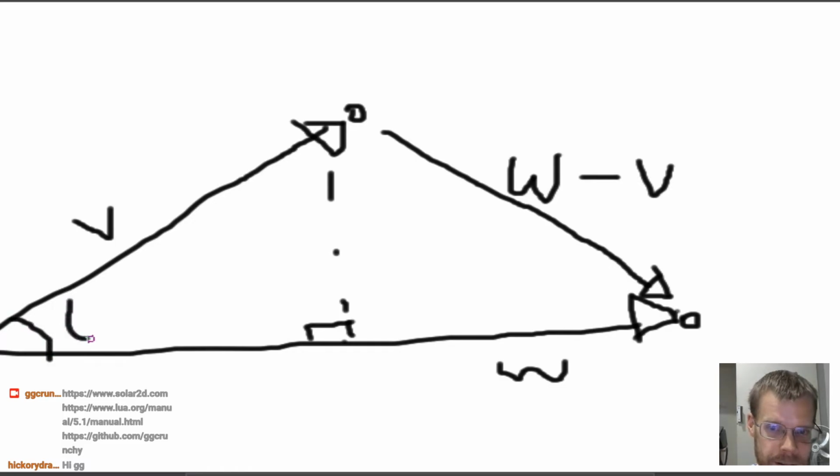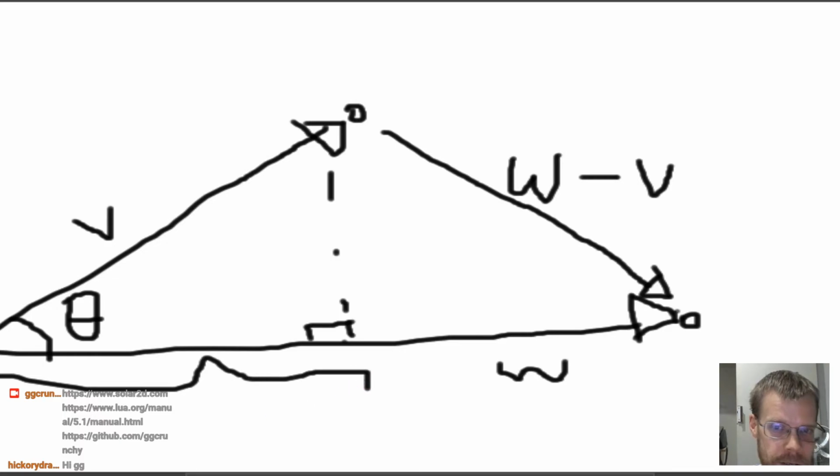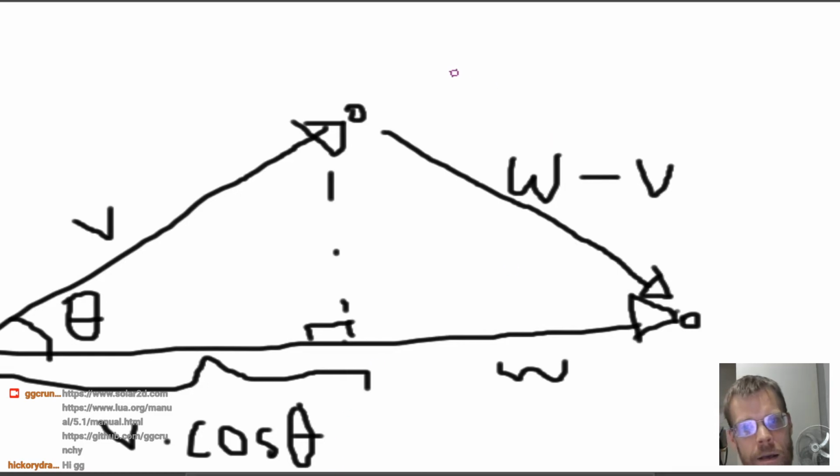If this is an angle theta, then this part here is this length, which we'll just call V for convenience. Usually you put in little bar operators around it and everything, but so this is V cosine theta. Now even though this is in general not going to be a right triangle, this part down the middle will separate these two into right triangles.